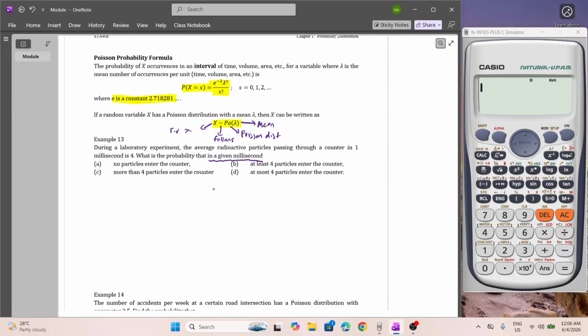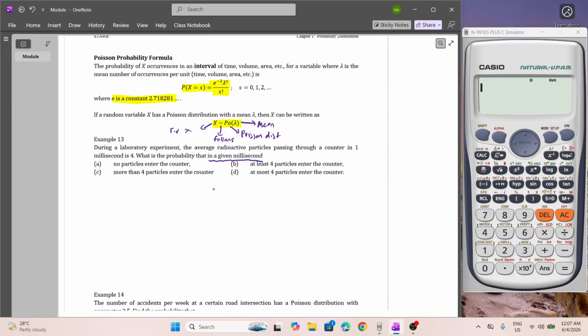So when reading the question, you should be able to differentiate for this type of problem which one is more suitable, binomial or Poisson. So in this example, we can see that there is no fixed number of trials and there is also no success and failure.